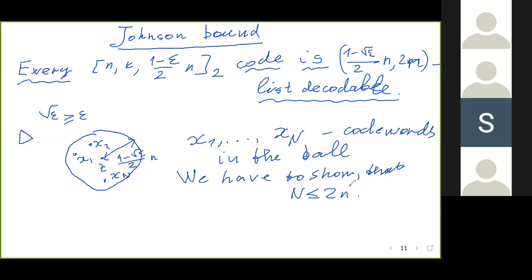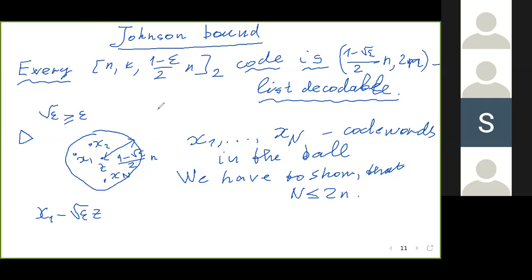And we will use here the geometrical fact, which was used for the second Plotkin bound, that if we have in n-dimensional space a certain number, capital N, of non-zero vectors which form pairwise obtuse angles, then the number of such vectors is at most 2 times the dimension, 2 times n. And these vectors will be xi minus square root of epsilon z.